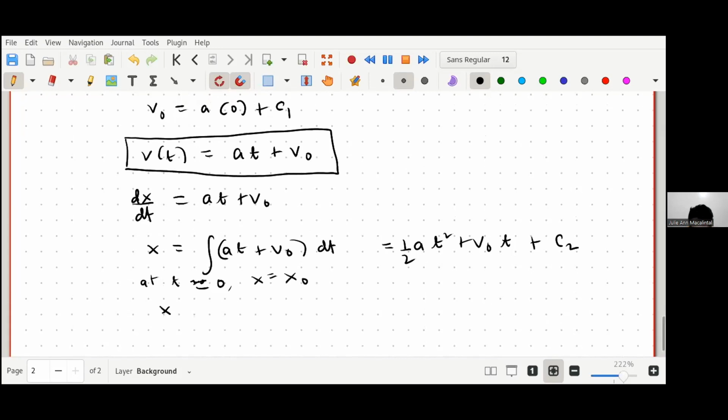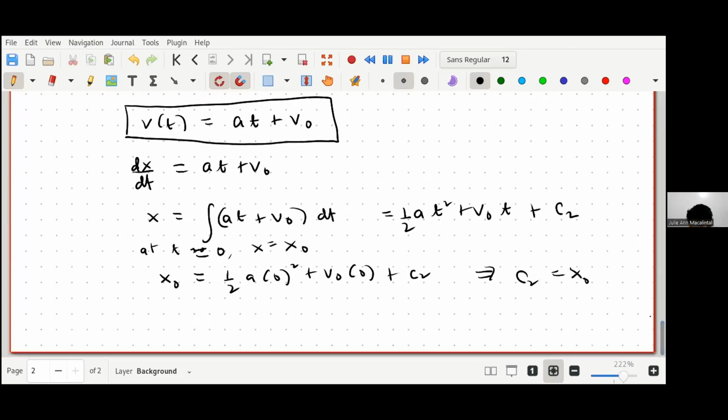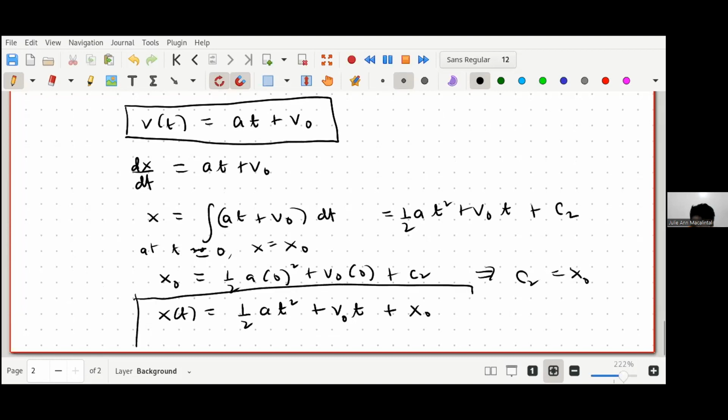So if we substitute, ang makukuha natin, 1/2 A 0, which means the constant must be the initial position. So if we combine everything, X of T is 1/2 acceleration T square plus initial velocity at T equals 0 times T plus the initial position. So, pag nag-uniform acceleration tayo, finifit natin sa dalawang yung equations natin sa yung given to these.